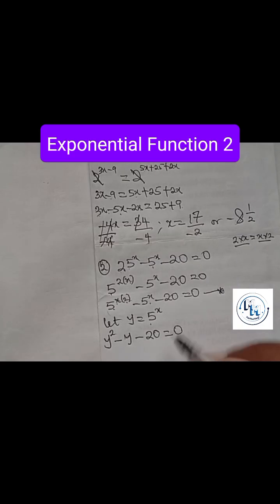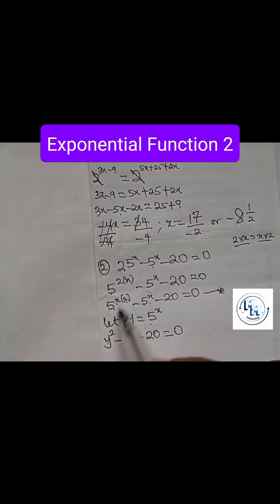Is that okay? Please pay attention here again. This is 5^x times 2 minus 5^x, minus 20. So let y represent 5^x. That means anywhere I see 5^x, I'm going to put y in this equation.